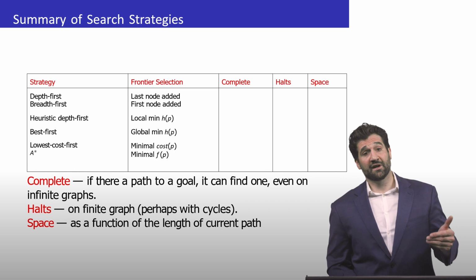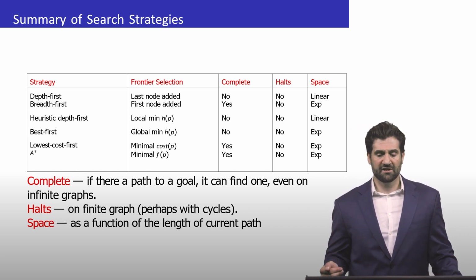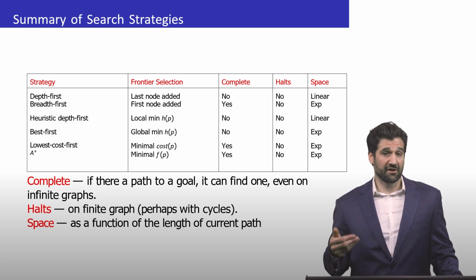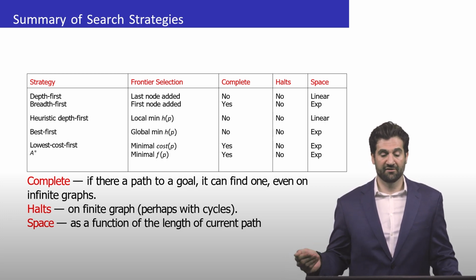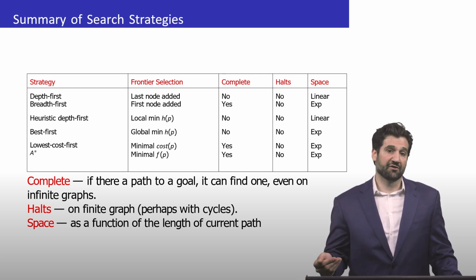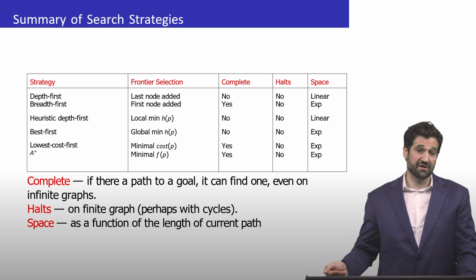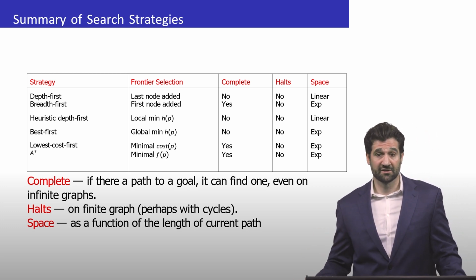Now, when we have A-star with an admissible heuristic, we have the nice property of completeness that we don't get with heuristic depth first search, depth first search by itself, or even best first search. We get the completeness of lower cost because we're considering the cost function as part of the selection process.